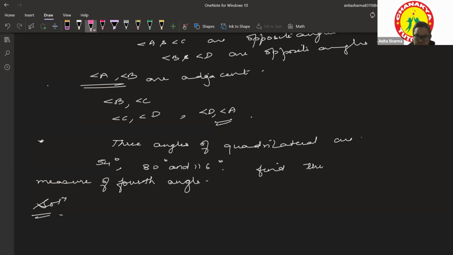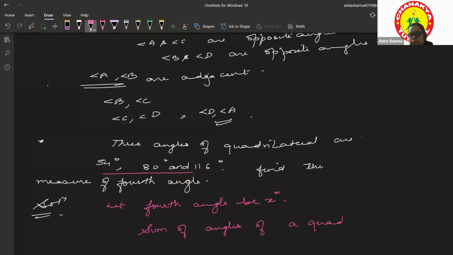So how we will find? Three angles are there. So in quadrilateral, you can suppose let the fourth angle be x. And by using angle sum property, we know that sum of angles of a quadrilateral is 360 degree. So 54 degree plus 80 plus 116 plus x degree is equal to 360 degree.